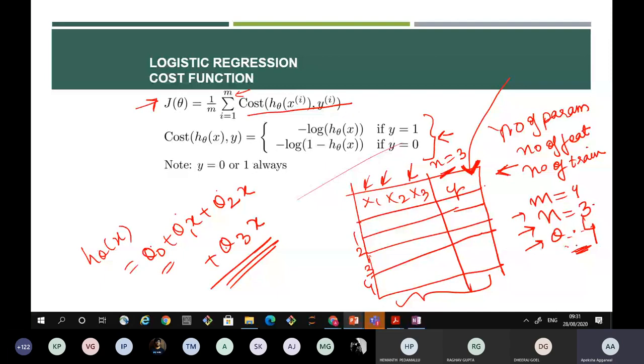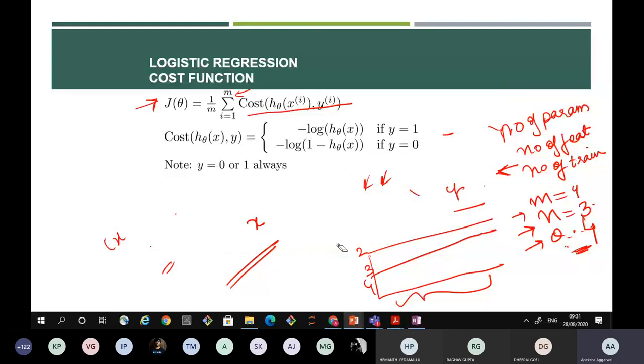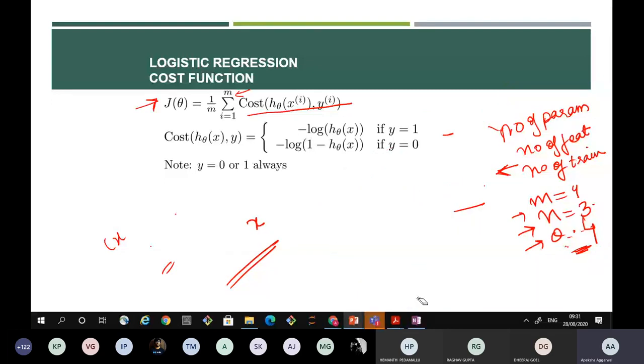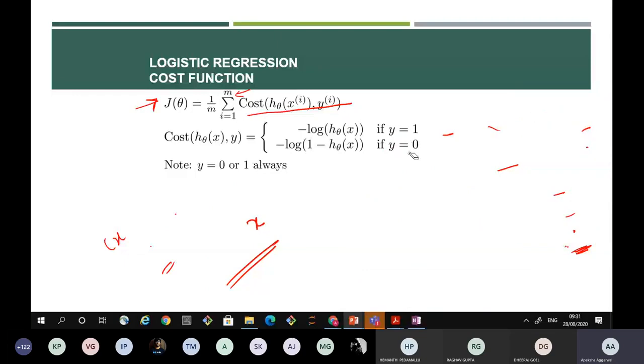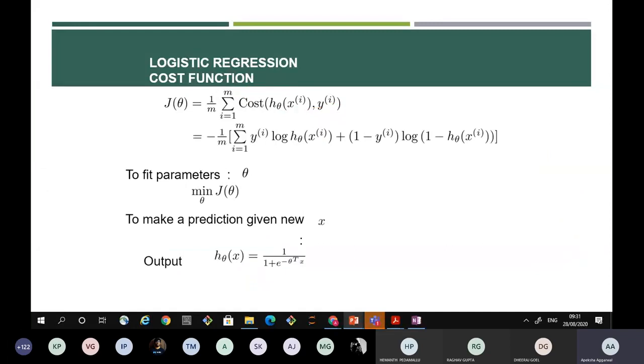Okay. So this is the cost function for logistic regression, because the name is also suggesting that this is the cost function for logistic regression.